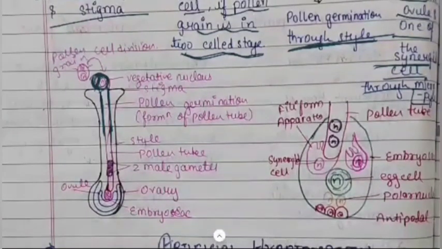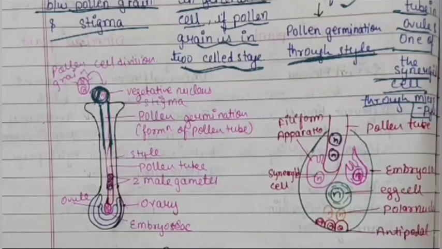Now with the help of a diagram we are going to understand this mechanism. Here the pollen grain, which is at the 2-cell stage, is forming a pollen tube and reaching one of the synergid cells, guided by the filiform apparatus.